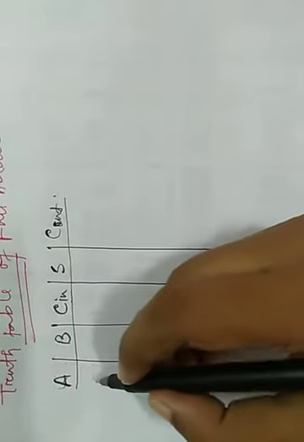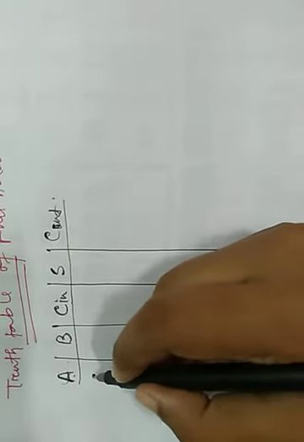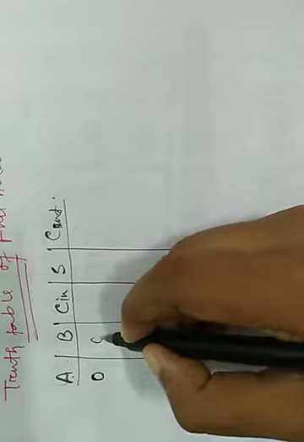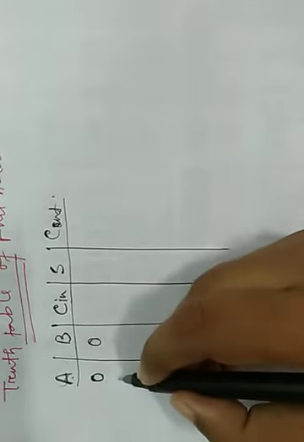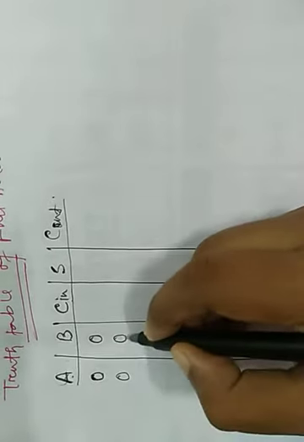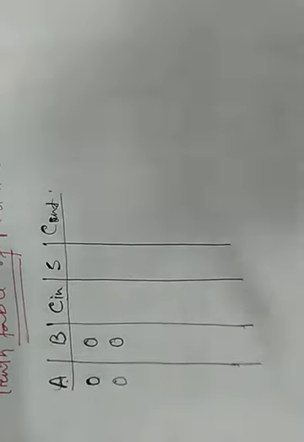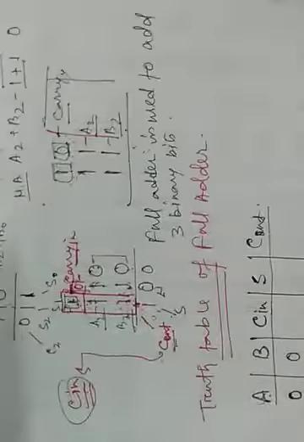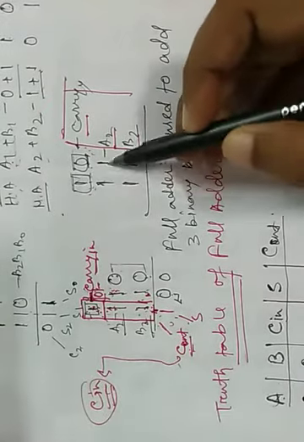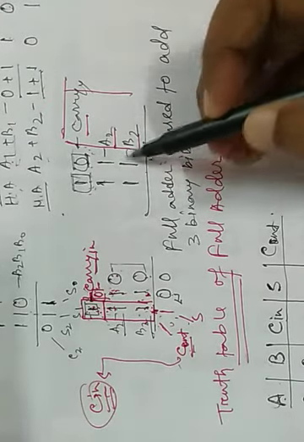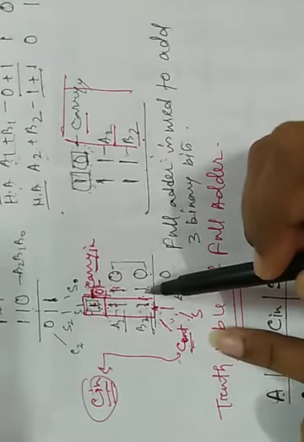Now if A and B are the combination 0 and 0, I have told you that there are 2 possibilities whenever we add binary numbers.